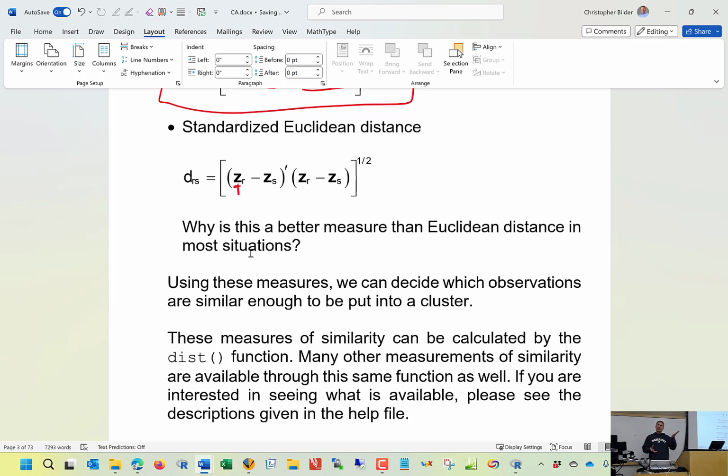Or how about we think of it in terms of the variability of the observations? Some variables will have more variance than others, and we don't necessarily want that to factor into what we say is similar. That's why we typically work with standardized variables in this case.